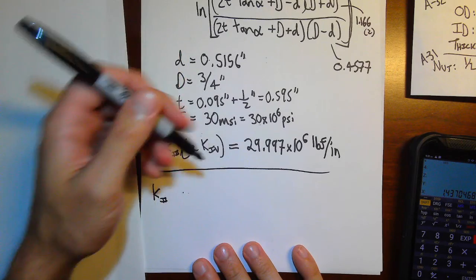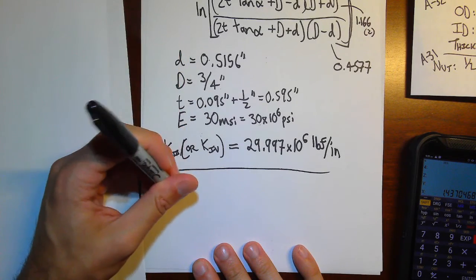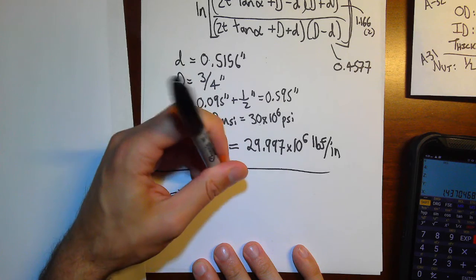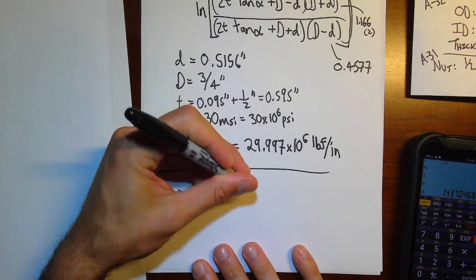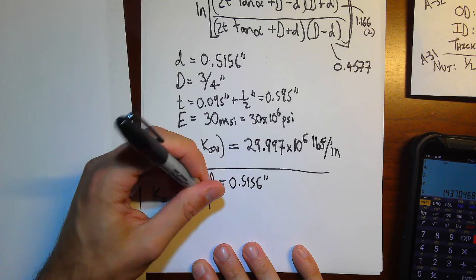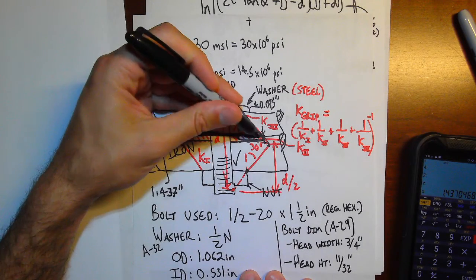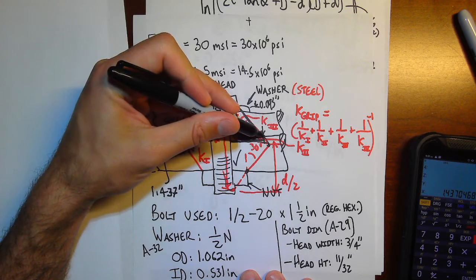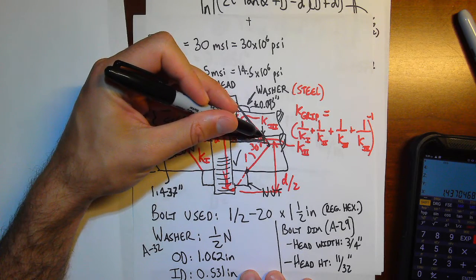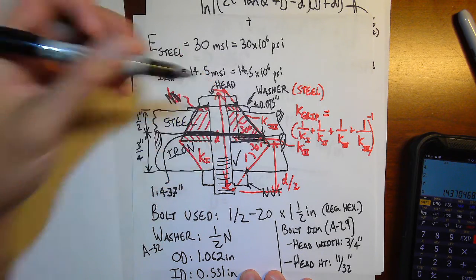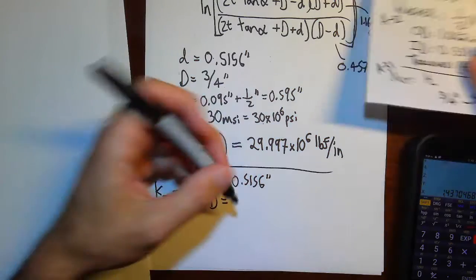The same equation is up there, so I'm not going to write it here again. Small d is still the same because that's the size of the clearance hole. My big D now is the diameter of the frustum additional way down here, which I just computed to be 1.437 inches.